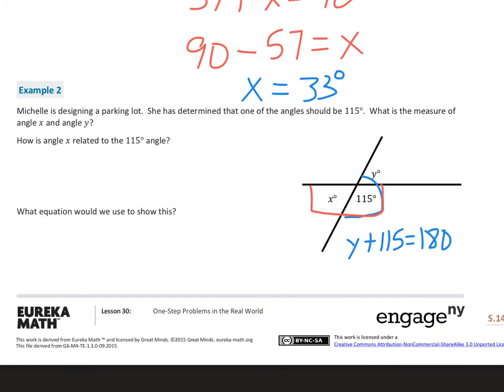Yes, it does. So X plus 115 has to equal 180, which tells me, uh-oh, maybe X and Y are the exact same. In fact, pretty sure they are because they're opposite angles. I don't know why they gave them the same name, because they're using it as a variable here, X degrees, Y degrees, so that would assume that X and Y are different amounts of degrees.